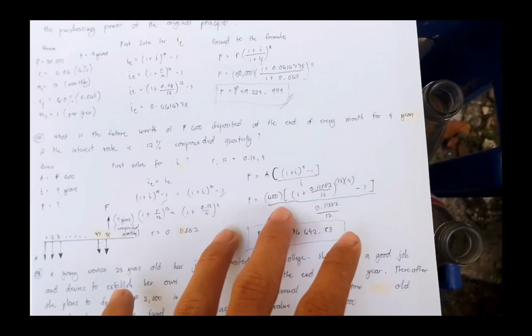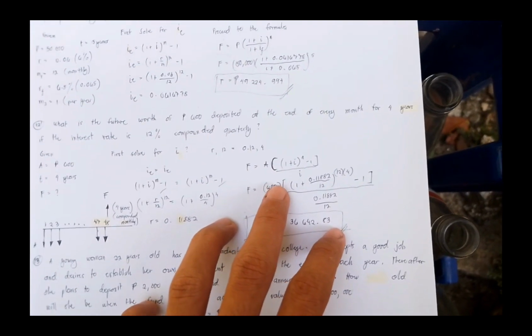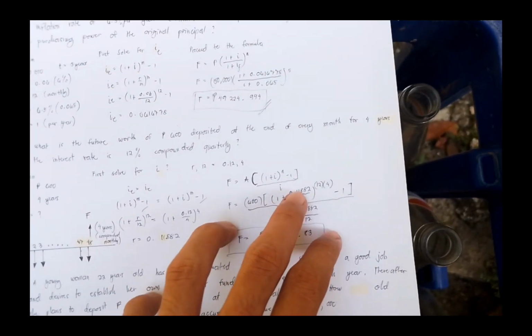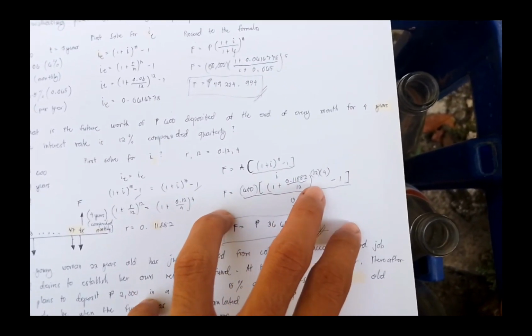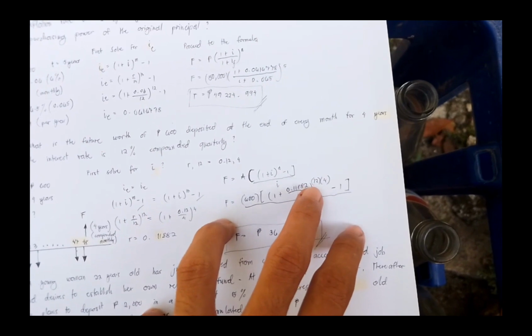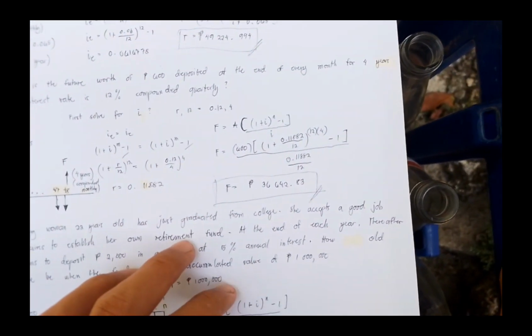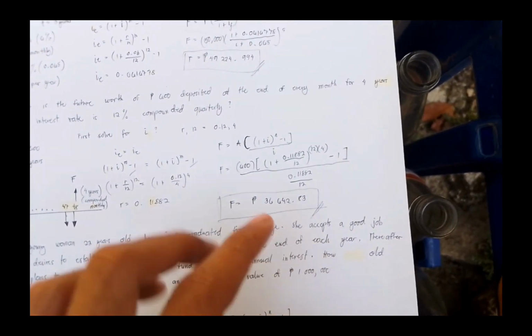So simply substitute 600 or our annuity times the quantity of 1 plus 0.1182 over 12 raised to the power of 12 times 4 minus 1 all over 0.1182 over 12. So this is the formula.